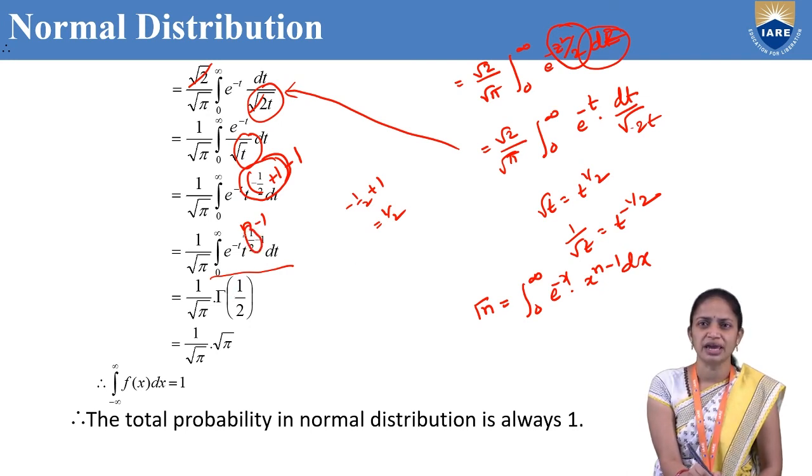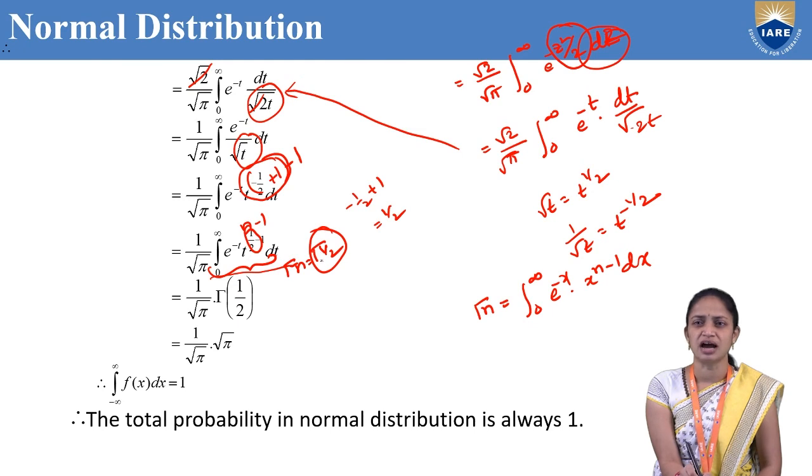What is gamma n? The n value here is 1 by 2, so the value is gamma 1 by 2. In the gamma function, we have one formula: gamma 1 by 2 is root pi.